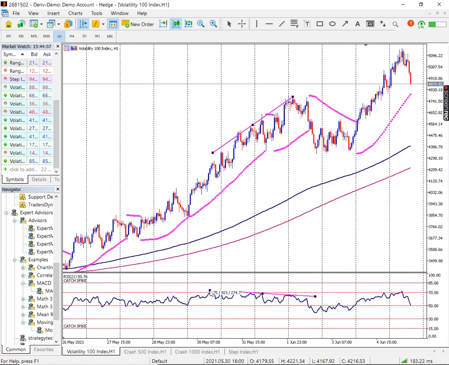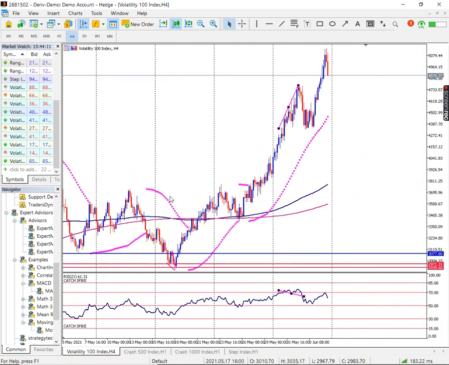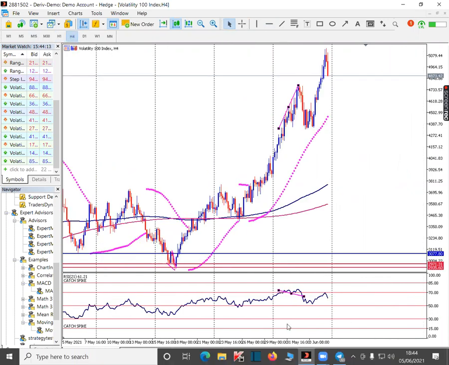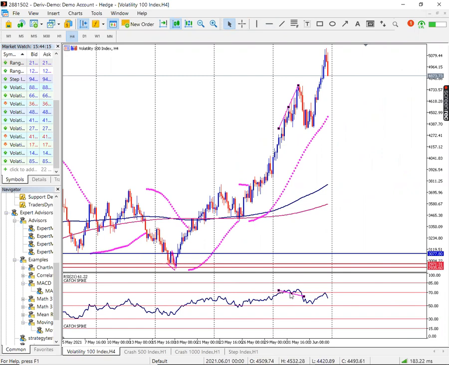At this point, you need to see where the market is on 4 hours. You can see on 4 hours it's already at 70, and even right now it's already at 70. So at this point you are looking for a sell, but you cannot just sell immediately.